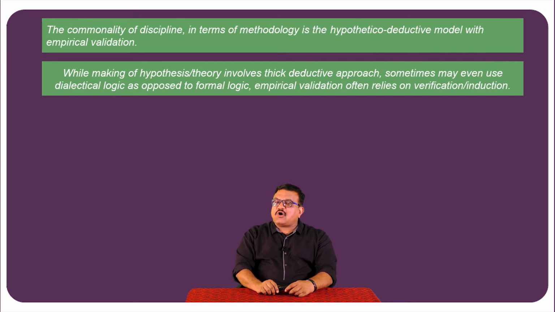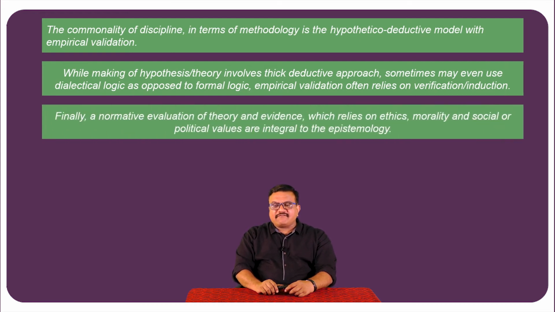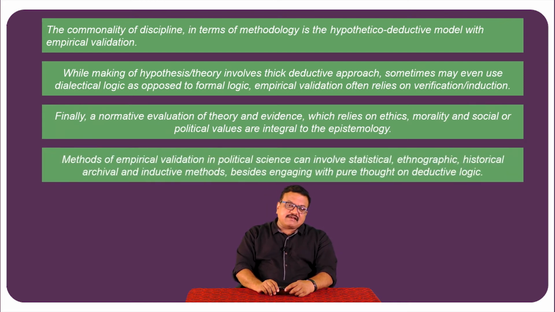Empirical validation often relies on verification and induction. Finally, a normative evaluation of theory and evidence, which relies on ethics, morality, and social and political values, is integral to its epistemology. Methods of empirical validation in political science can involve statistical, ethnographic, historical, archival, and inductive methods, besides engaging with pure thought on a deductive logic.